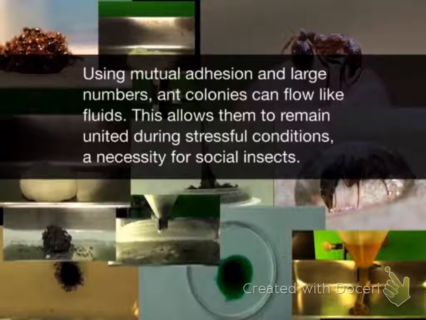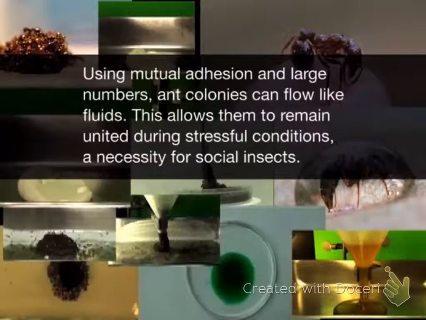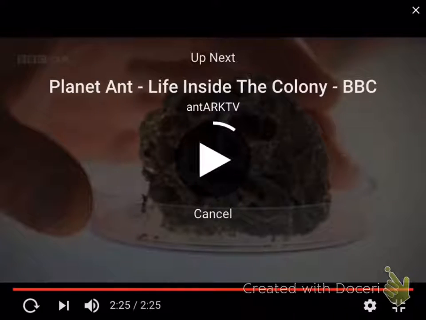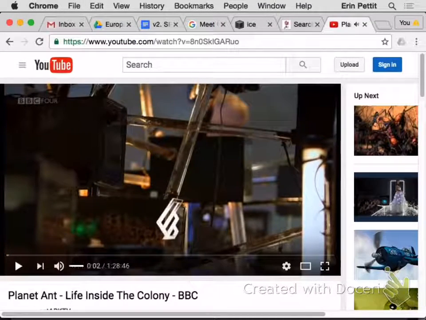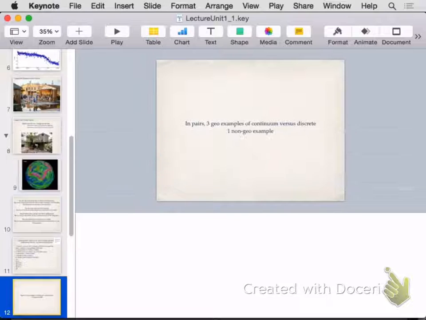So in this case, because they're flowing, you might have density as a property, and then you might have viscosity as a property. And your viscosity might be changing through time and space as well.